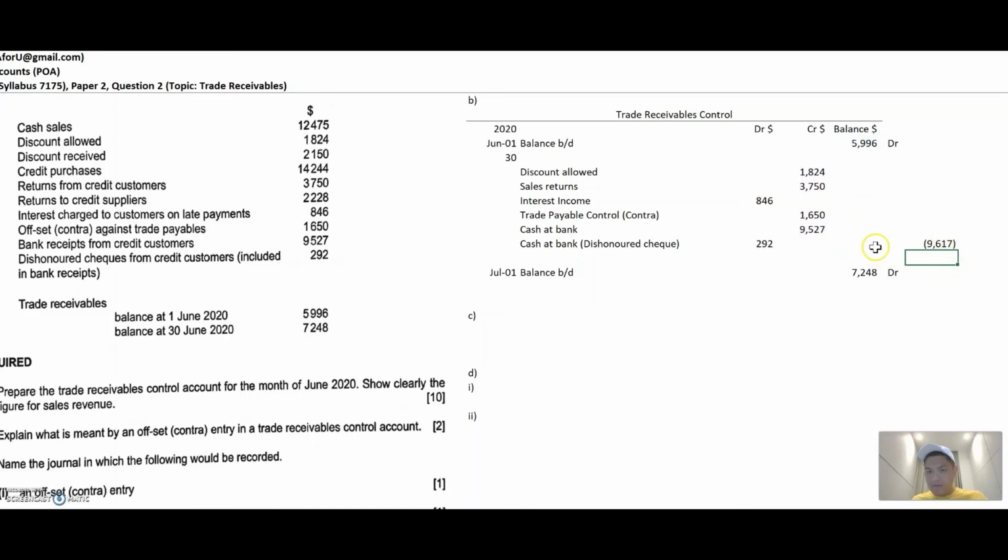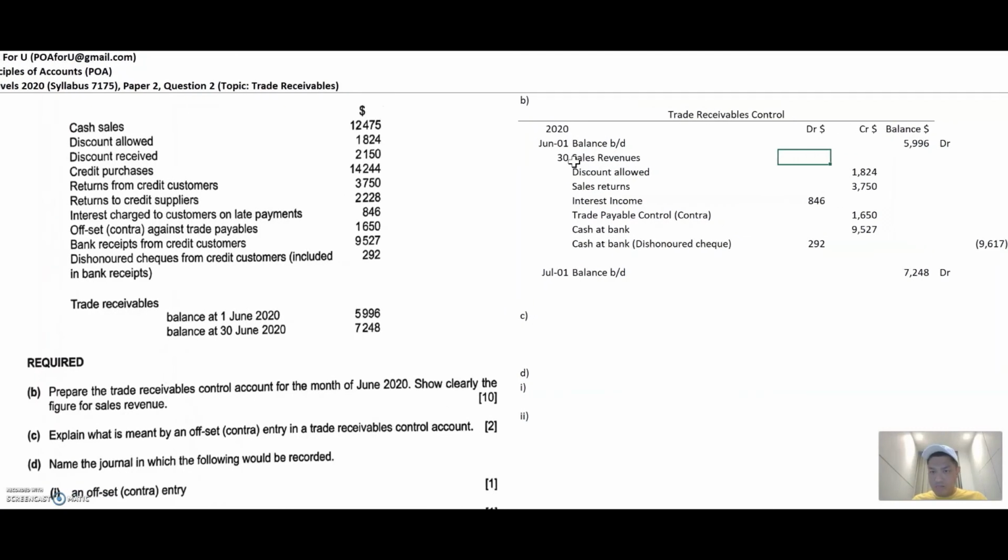So it wouldn't make sense, right? Because this balance, obviously you have to reach 7248. So the first transaction I will put here is sales revenues. So I will take the sales revenues that will increase the trade receivables balance because it's debit trade receivables and credit sales revenues. I would take 7248 plus, right?